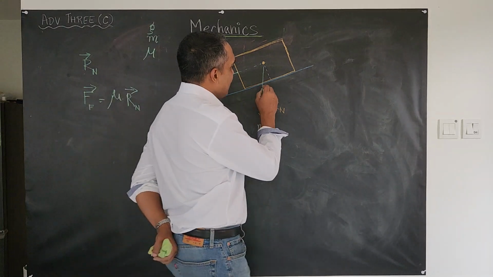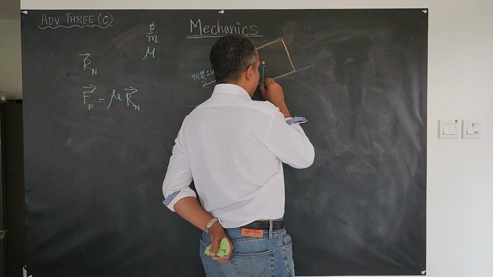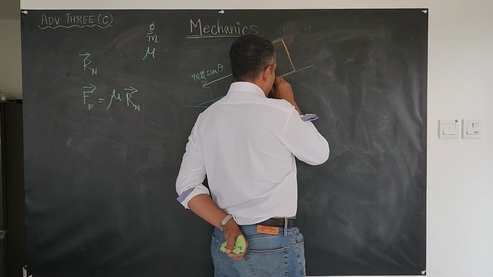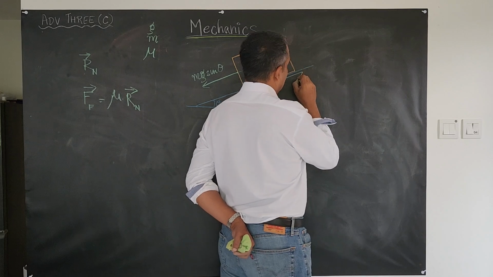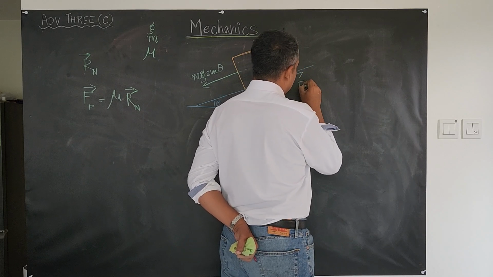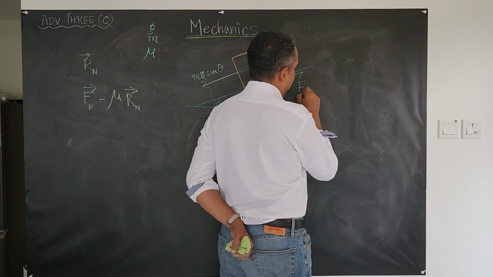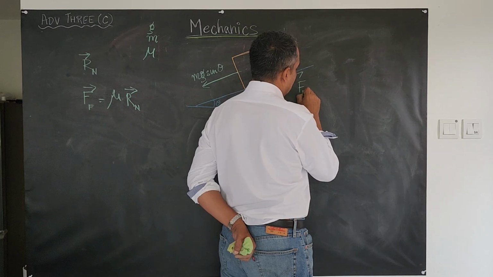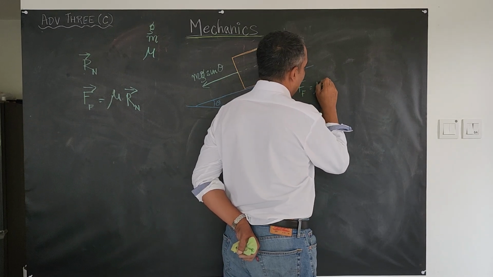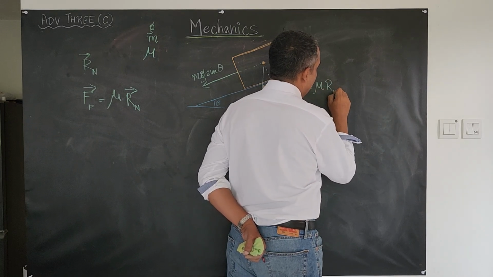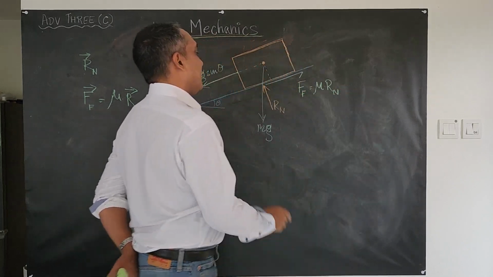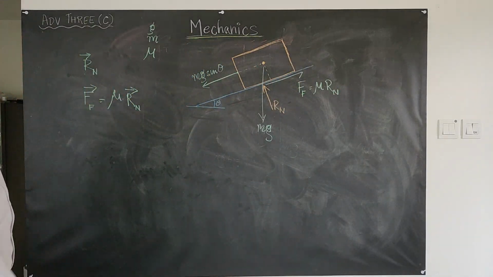It's pulling me down. However, friction acts there in the opposite direction. Frictional force F friction equal to mu R n is acting there.